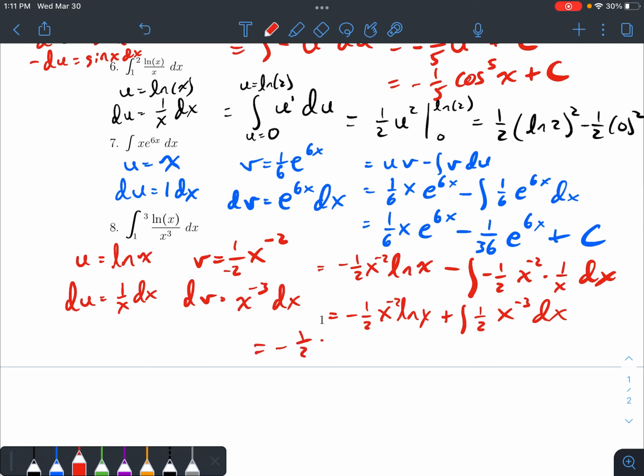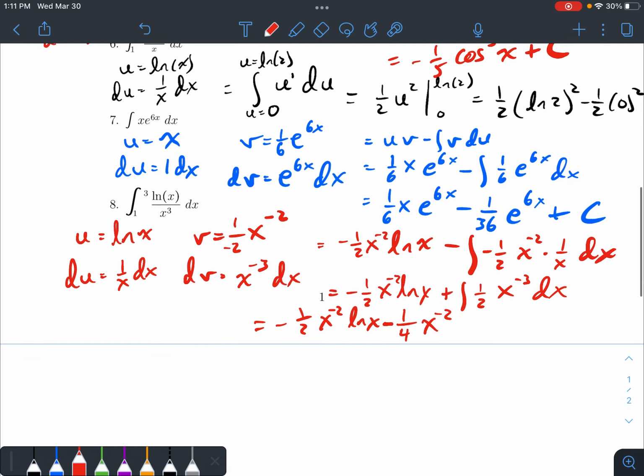So this becomes -1/2 x to the -2 ln of x plus, well, I think it's going to end up being minus at the end. So increase the power by 1, so we get -2, and then divide by -2. So 1/2 times 1/2 is 1/-4, so we get -1/4 x to the -2.